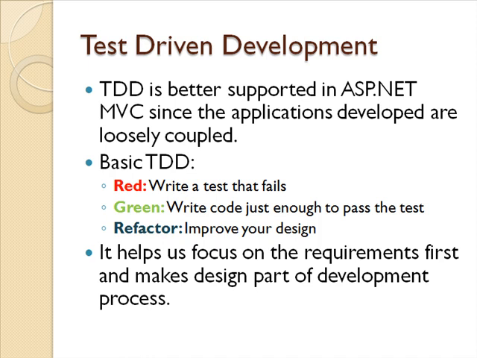So RGR, red green refactor, is the basic principle of test driven development. When we write a test, we focus on the requirements, and while refactoring we focus on the design. So it helps us make design part of the development process. This is test driven development in ASP.NET MVC.